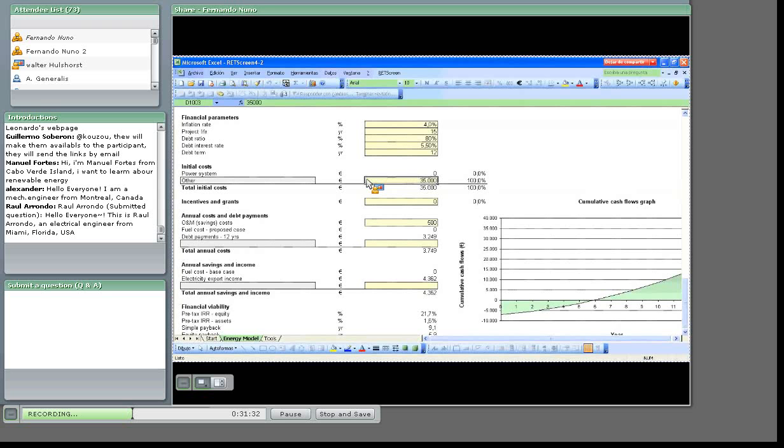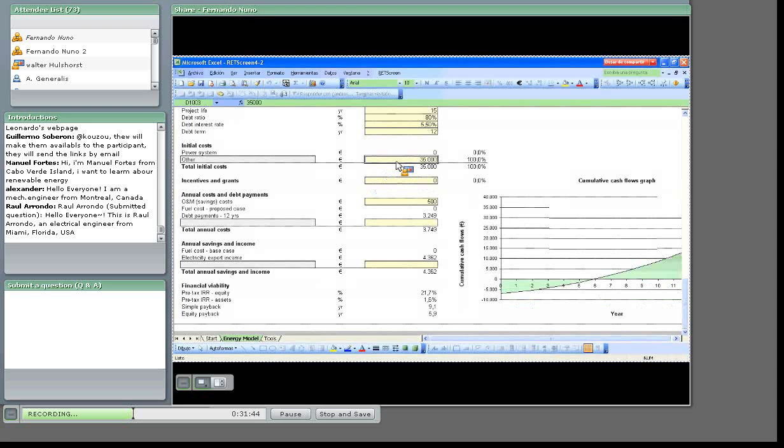Then in this case, we have assumed a rate of subsidy of about 15-20,000 euros. Then in this case we have to invest 35,000 euros. Well, we do not introduce other incentives or grants.